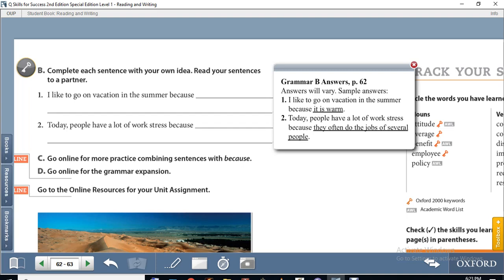Now, another reason could be that you may use because they work long hours, or because many of them don't like their jobs. So it's up to you to use whichever main idea or your idea to complete this sentence.